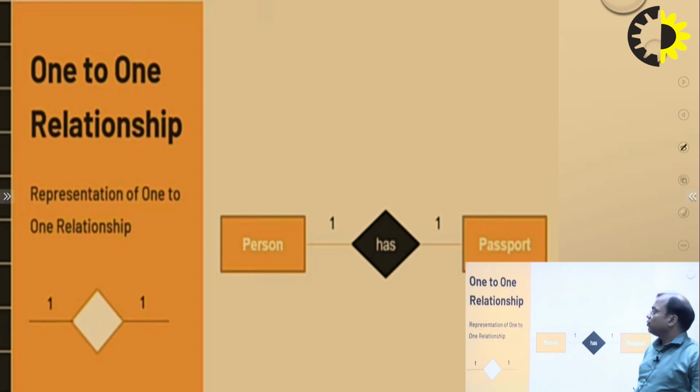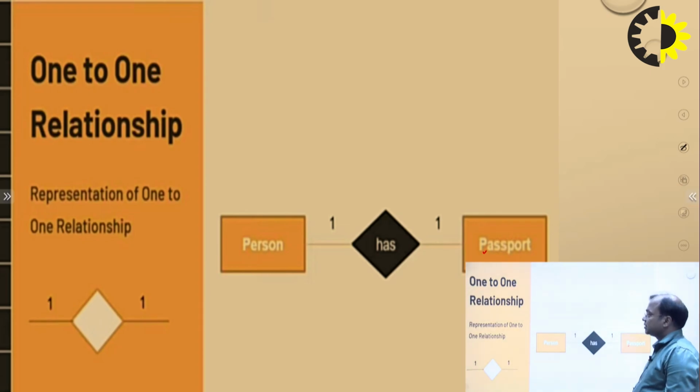First we see what a one to one relationship is. Every person has one passport. There must not be more than one passport for any person. So one person has one passport. This is a one to one relationship in the ER diagram.